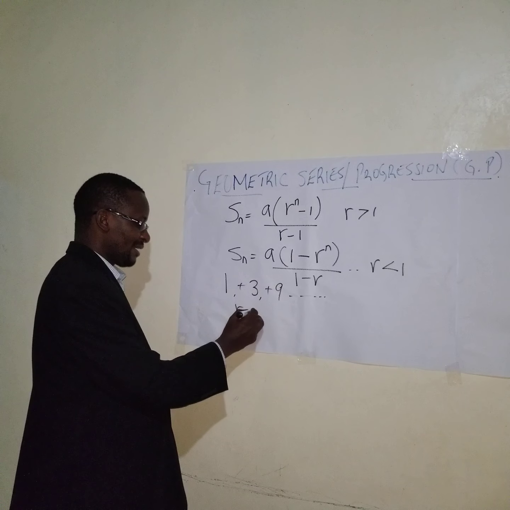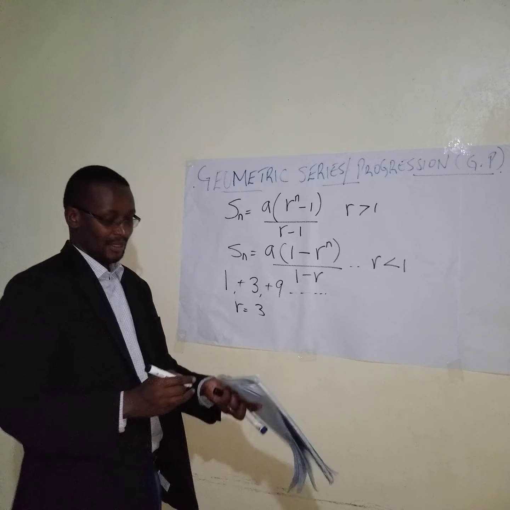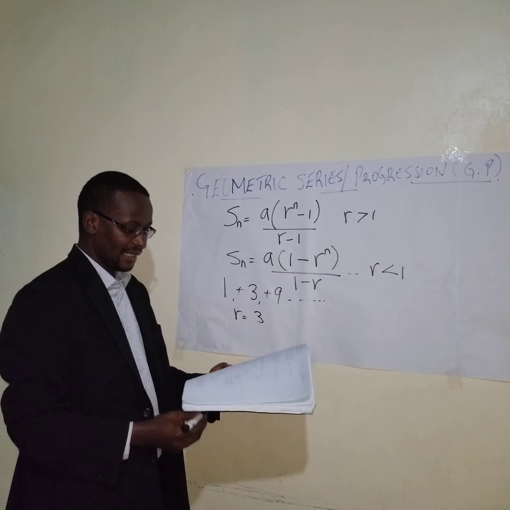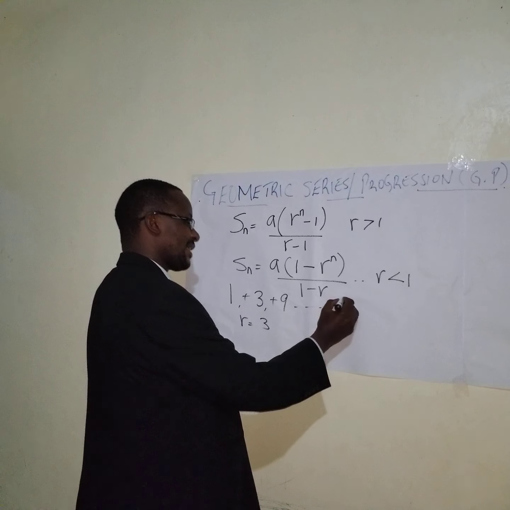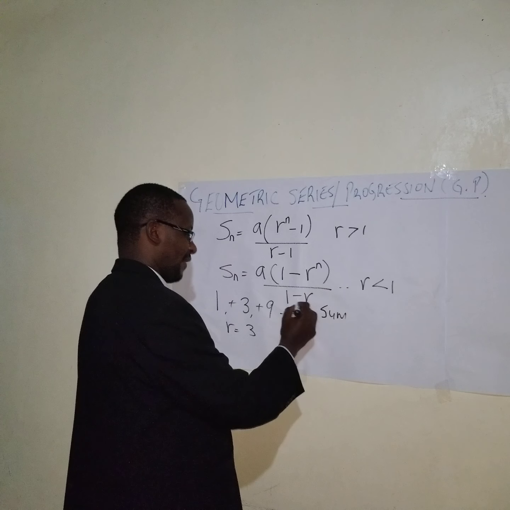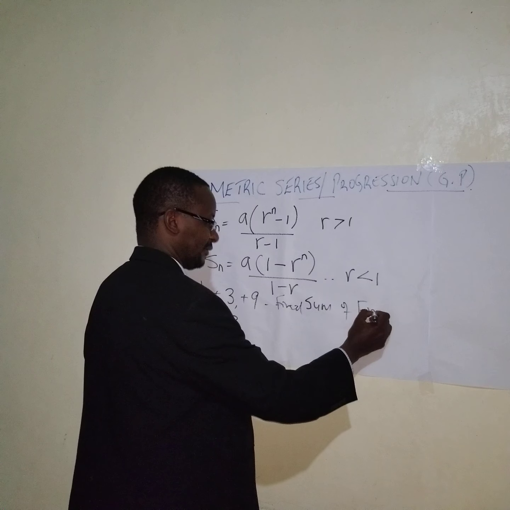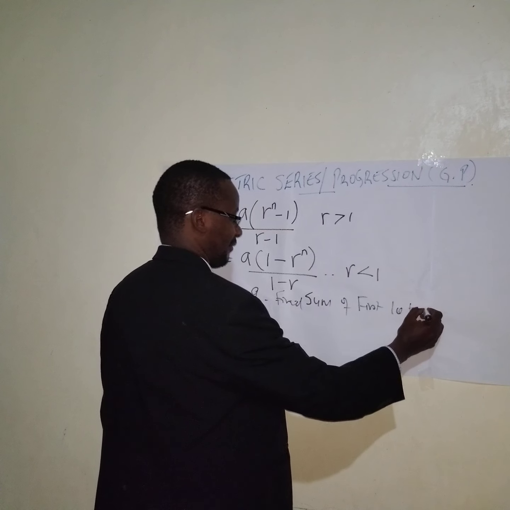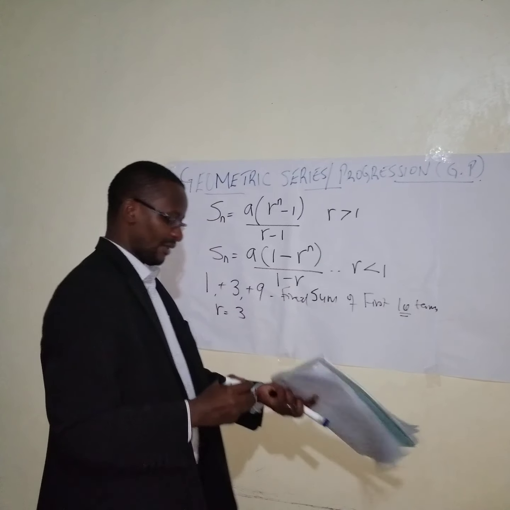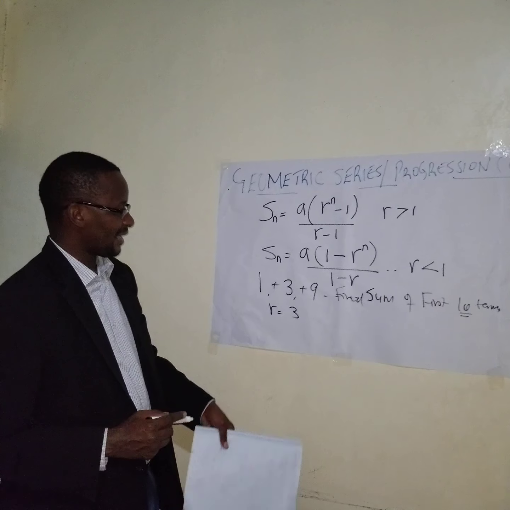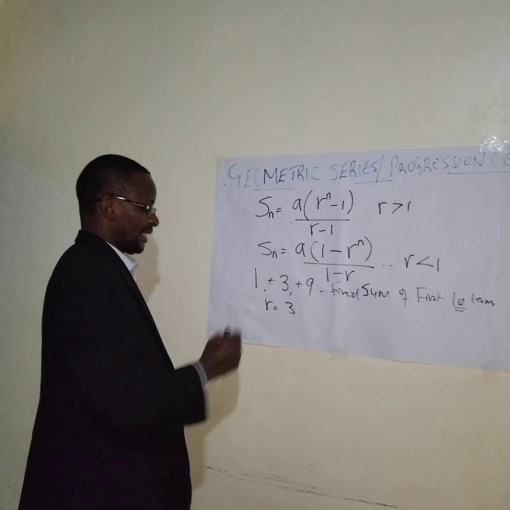So it is going to be 3 divided by 1, so 3. So you can see that in our case here, r is more than 1. And the question is, find the sum of the first 10 terms. 10, now in that case, is your n. So the formula is the first one here.